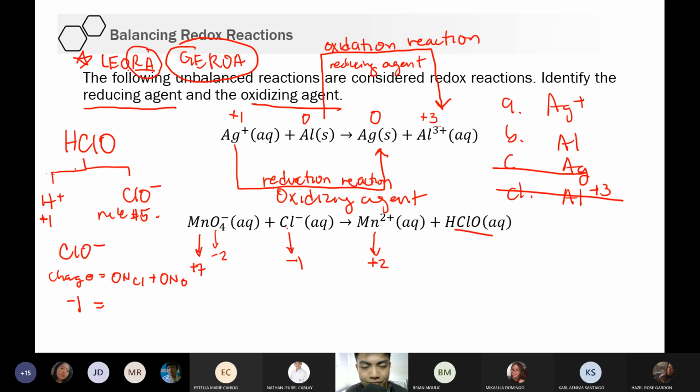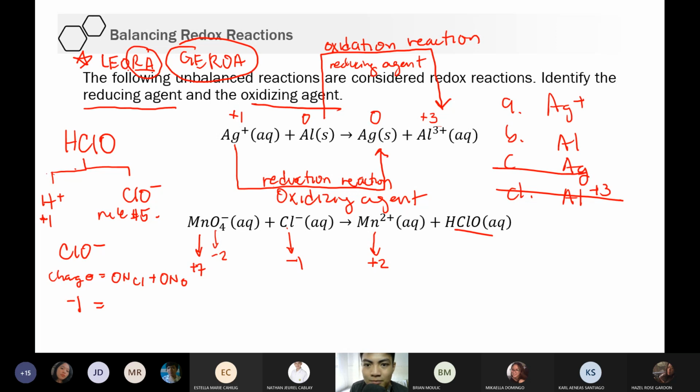Okay, remember that if you have an oxyanion na gawa sa group 7 element, no? Chlorate, chlorite, hypochlorite, perchlorate, no? Iodate, iodite, hypoiodous, something like that. Basta, if you have an oxyanion of group 7 elements, that is the time where they don't follow the rules na.